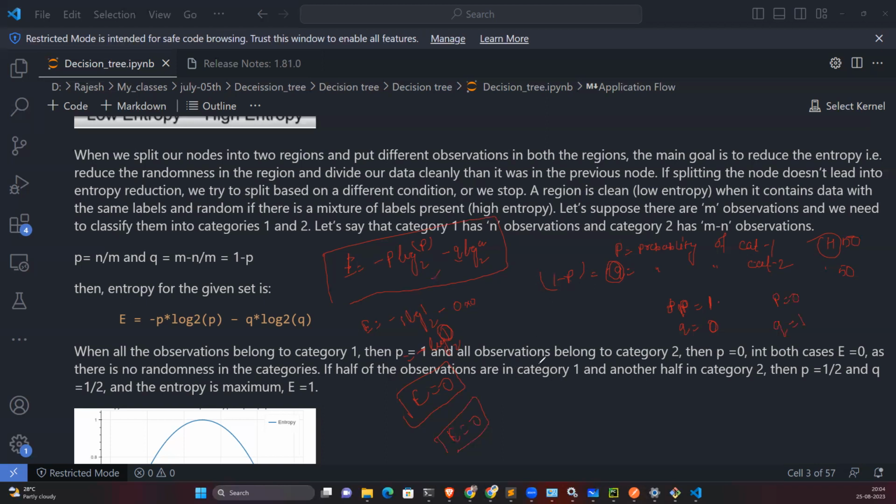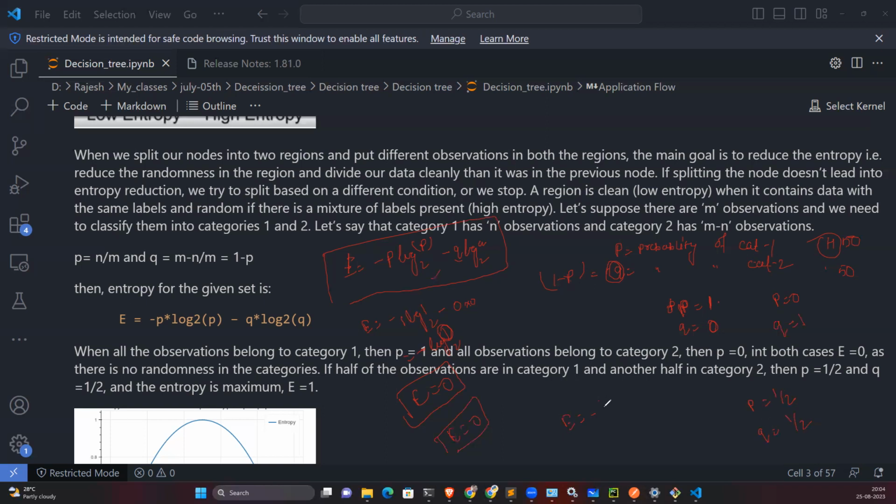Now, the maximum case: when the probability of both the events is 50-50, meaning probability of category 1 is equal to 50% and probability of category 2 is also equal to 50%. Then in that case, what will be the entropy? The entropy formula, we are going to write minus P. Put this value here.